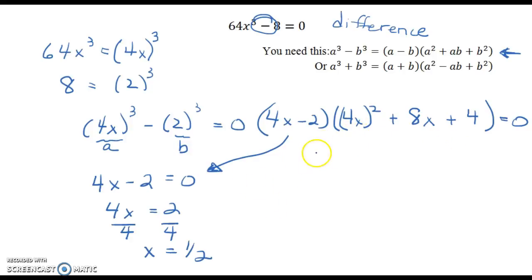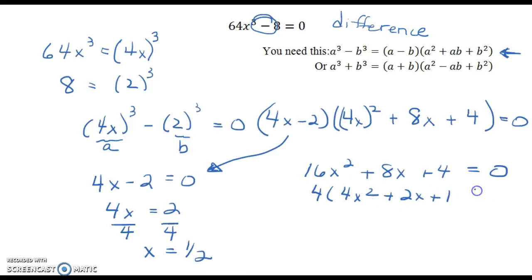If I look at the other piece, I'm going to multiply it out. So we have 16x squared plus 8x plus 4. Alright, so with this one, I am going to factor out my 4 first. So we have 4 times 4x squared plus 2x plus 1 equals 0. The 4 I don't have to worry about. That's 4 equals 0, which does not give me any solution.